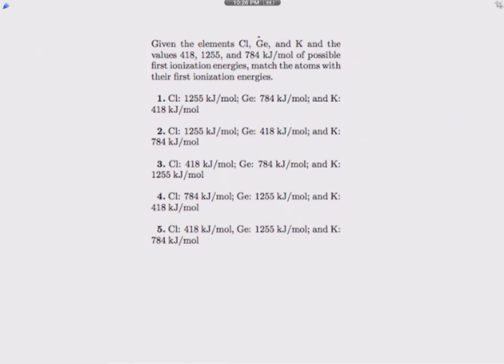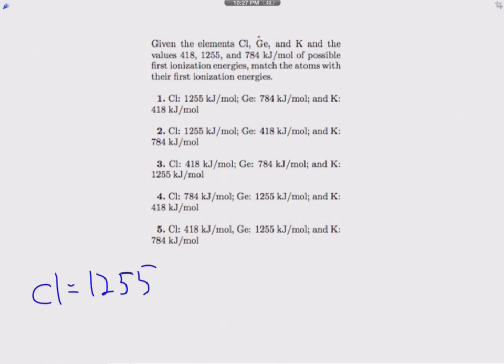Well, ionization energy increases as you go from left to right, and it decreases as you go down from one row to another. So the one that is highest and farthest to the left is chlorine. So chlorine is going to have the highest of the energies here, which is 1255.